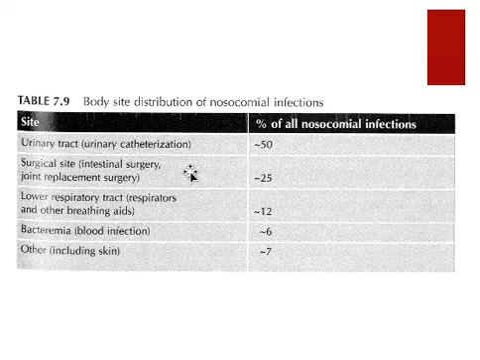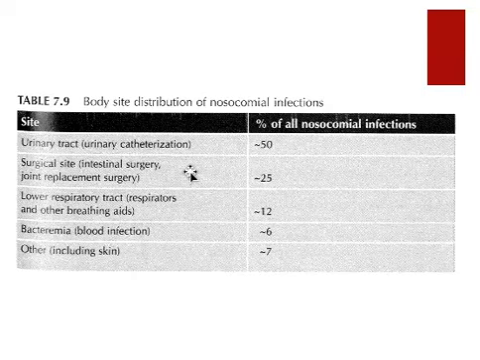Joint replacement surgery is another particularly problematic time for nosocomial infections. Joints, as you learned in anatomy, are normally sterile areas. So anytime the surgeon has to open a joint cavity in the operating room, we run the risk of a nosocomial pathogen gaining entry.